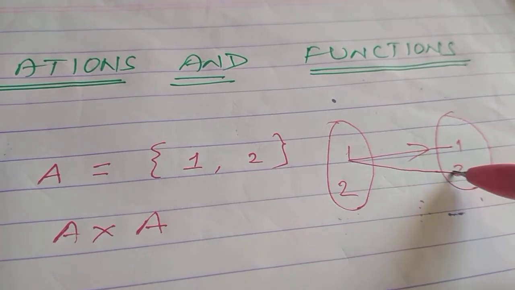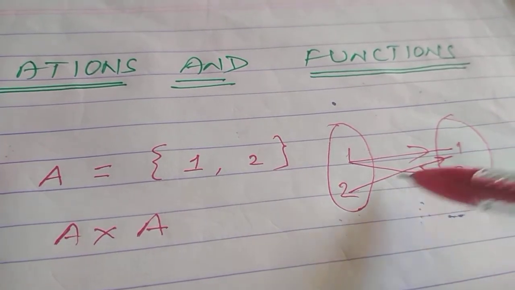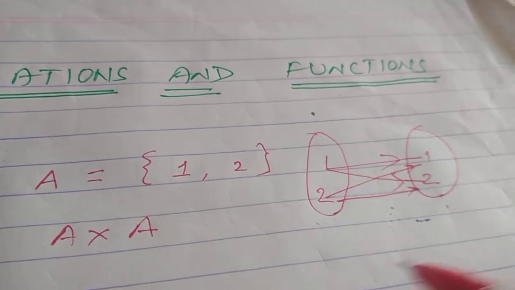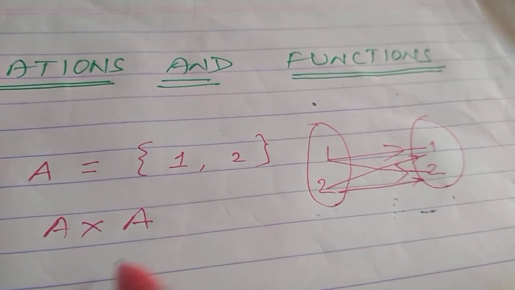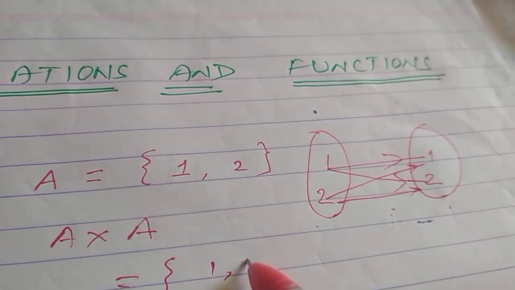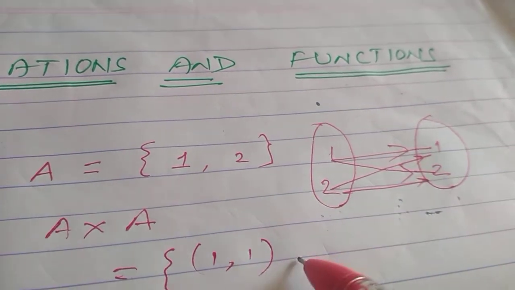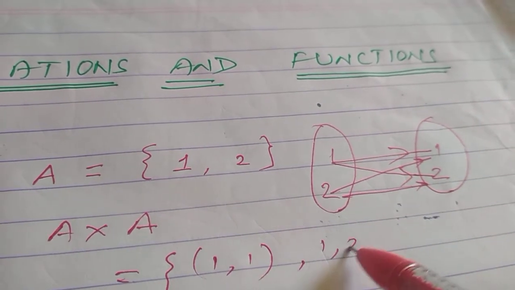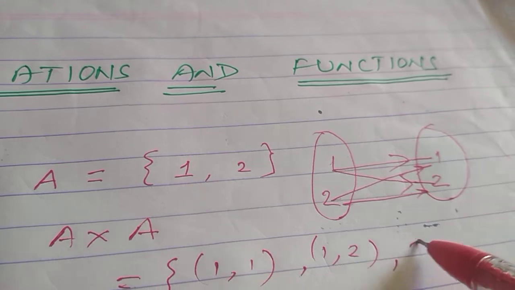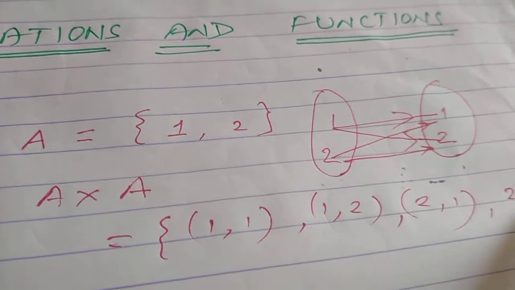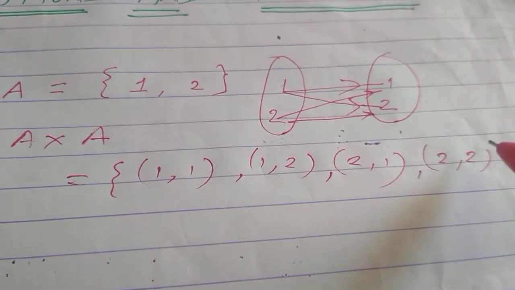As many possible pairings as you can do will give you the Cartesian product. A cross A is nothing but 1 paired to 1, then the ordered pairs (1, 2), (2, 1), (2, 2).